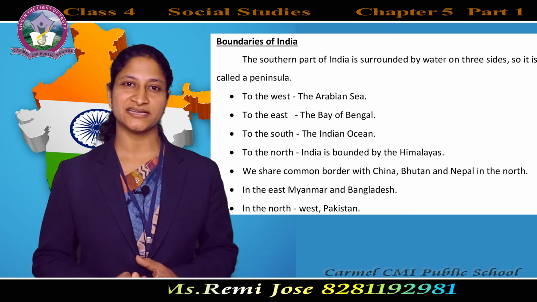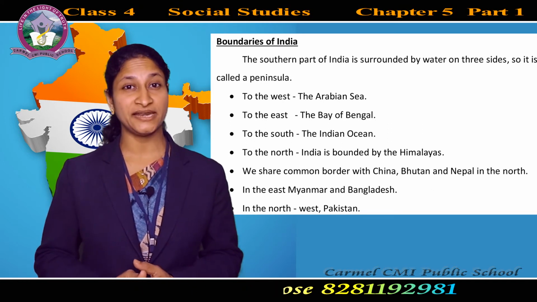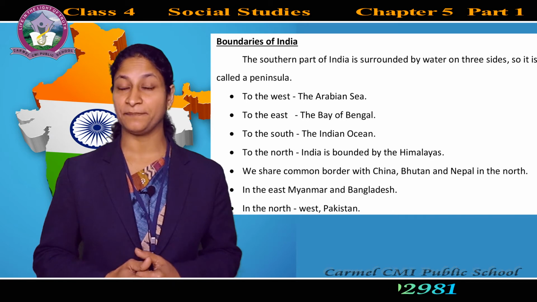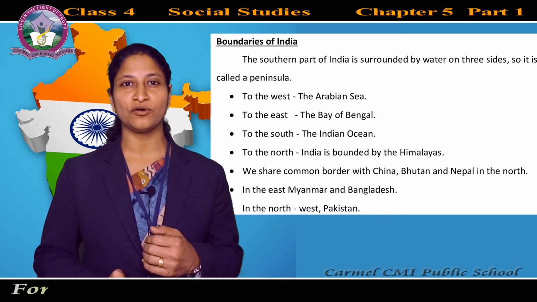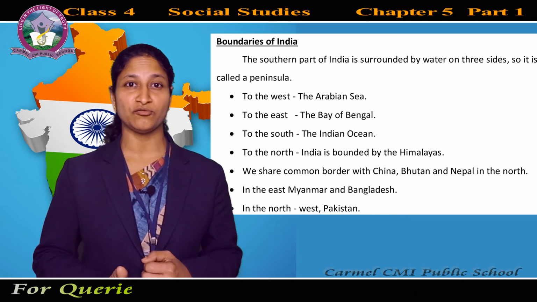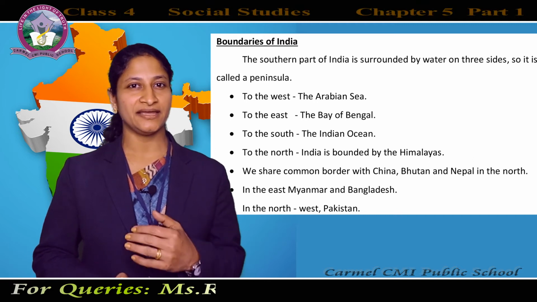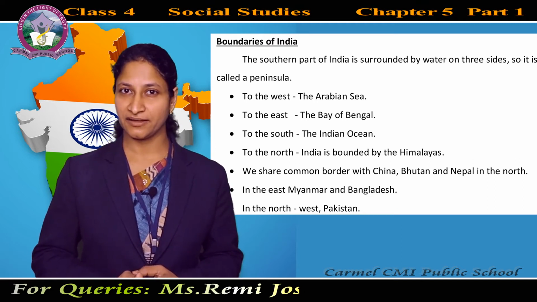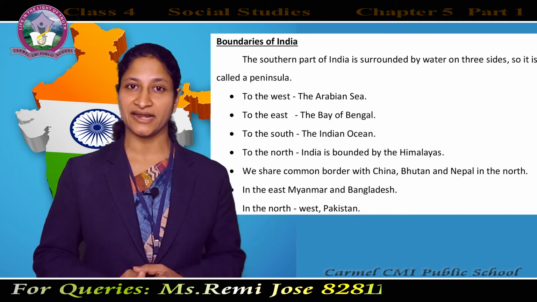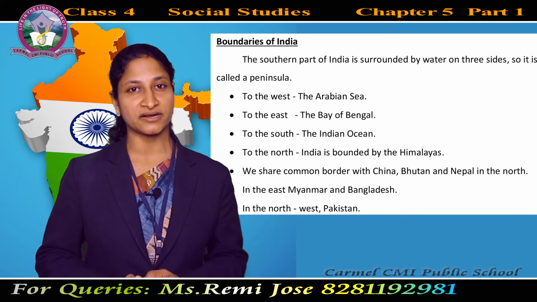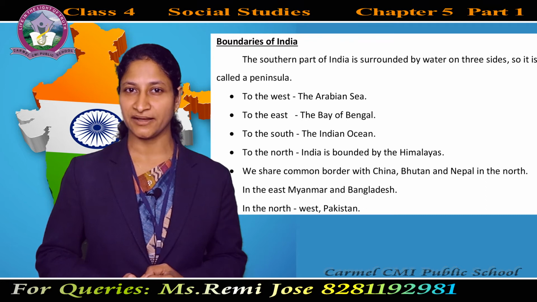In the previous lesson, we have studied about peninsula. What is a peninsula? A piece of land surrounded by water on three sides is called a peninsula. And also we have studied that the southern part of our country is a peninsula.